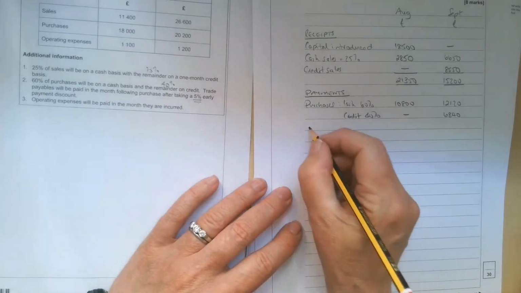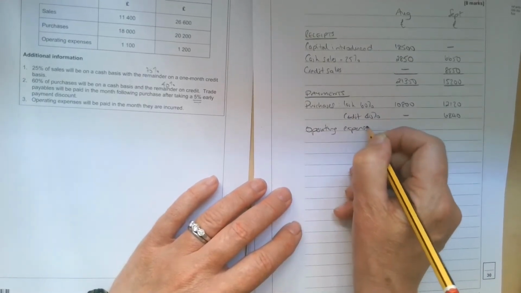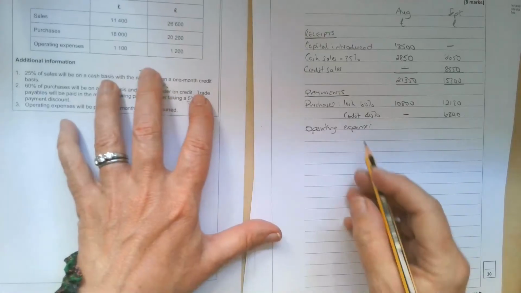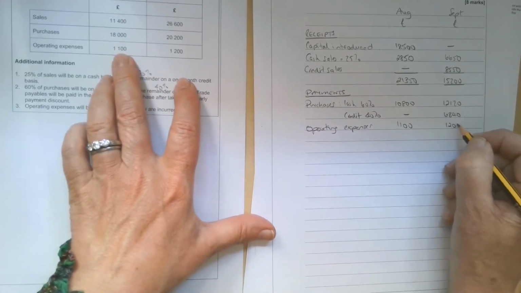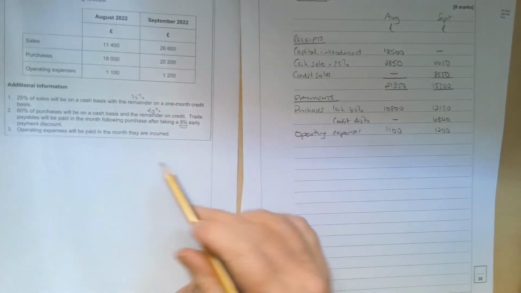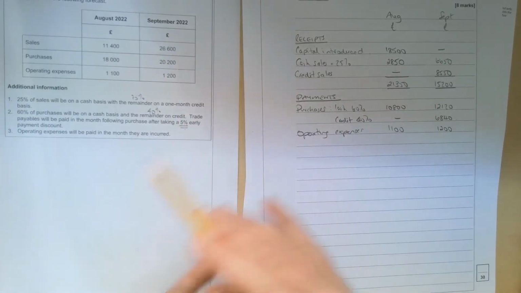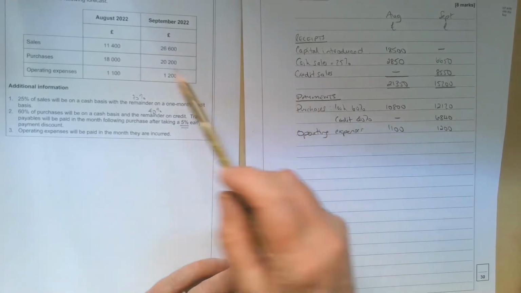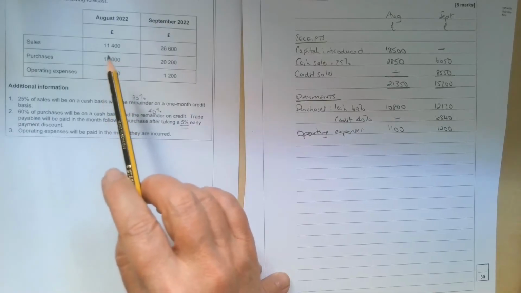The only other expense we've got is operating expenses. And it says that they're going to be paid in the month in which they're incurred. So 1,100 in August, 1,200 in September. The only other thing you might have to take into account here is things like drawings, maybe loan interest. We haven't got either of those things here. Drawings are usually related back to the sales figure, so the owner of the business will normally take a percentage.